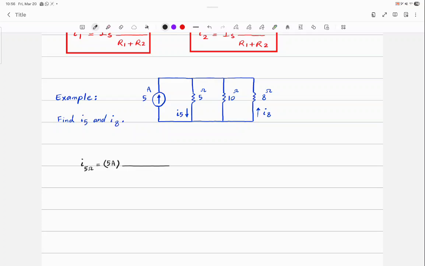Current division, so inverse of resistors. What should be in the numerator? 1 over 5. It's 2.35 amps.